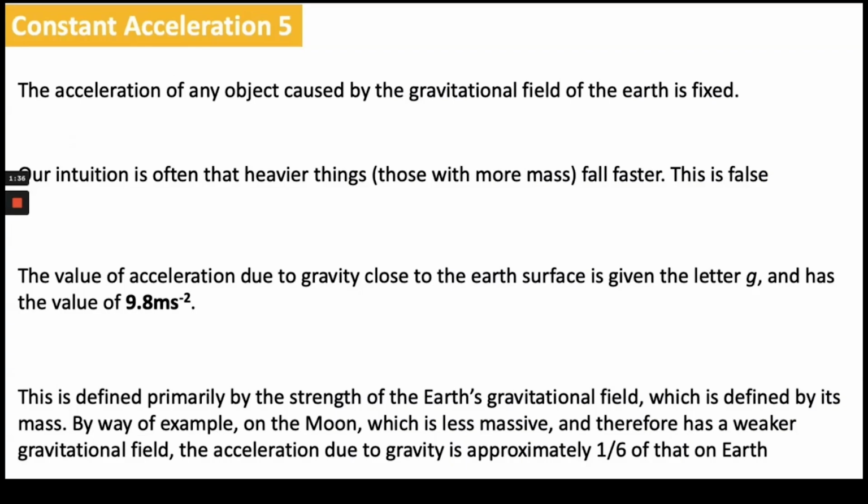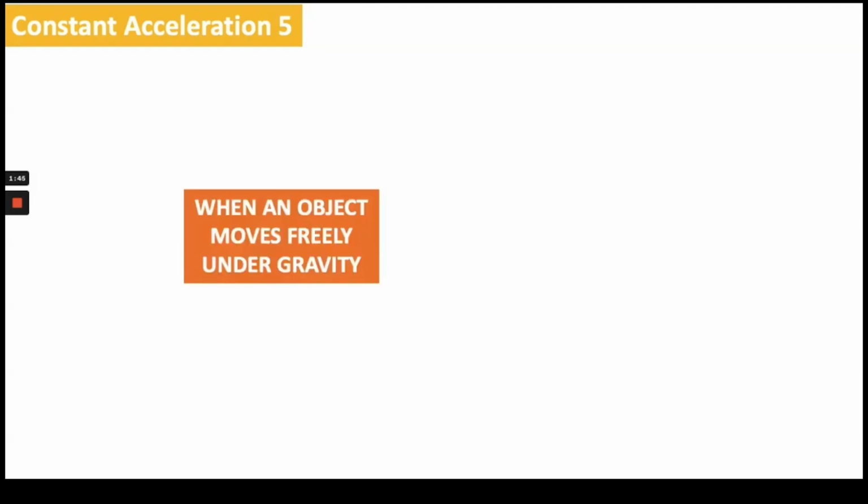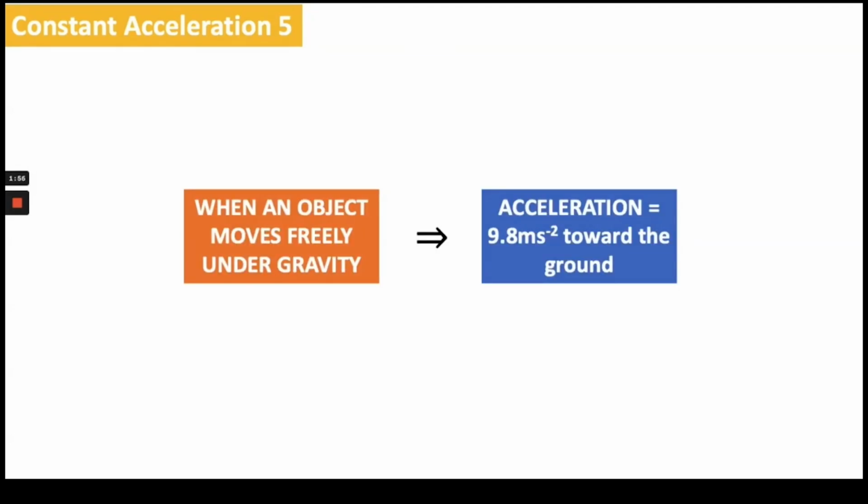So be on the lookout for this phrase, or for the context letting you know that an object is moving freely under gravity. If that's the case, there's an expectation that you can use 9.8 or negative 9.8, and I'll explain further how to choose between the two, but you know that you're using acceleration of a magnitude 9.8 in your modeling.